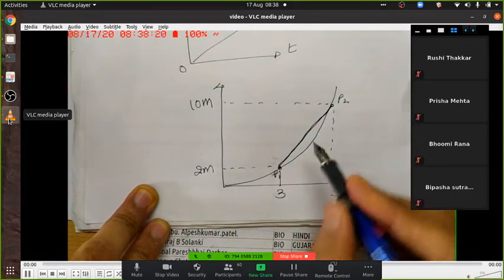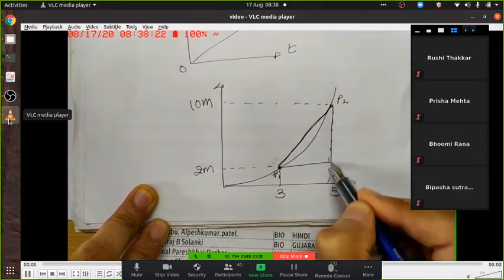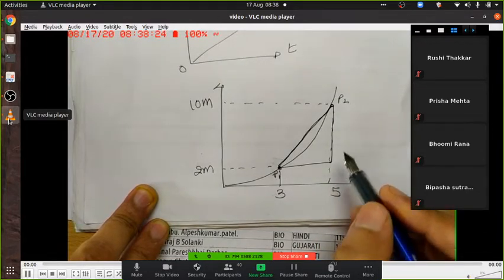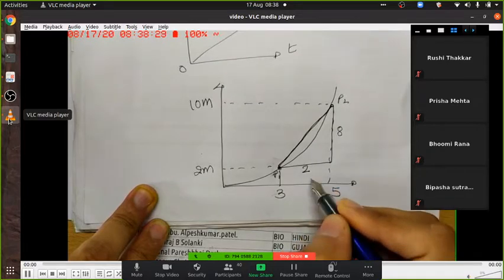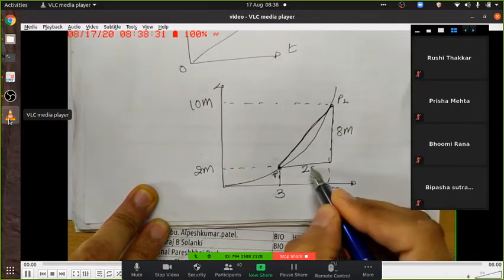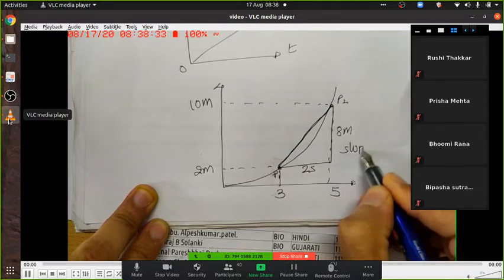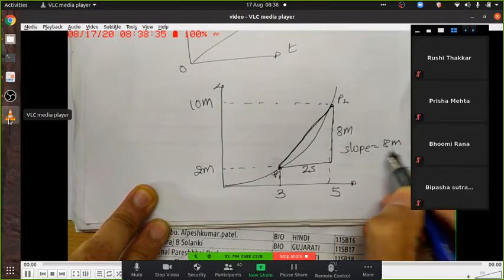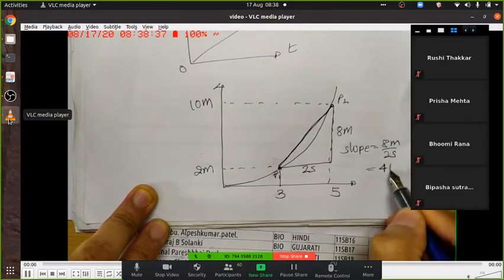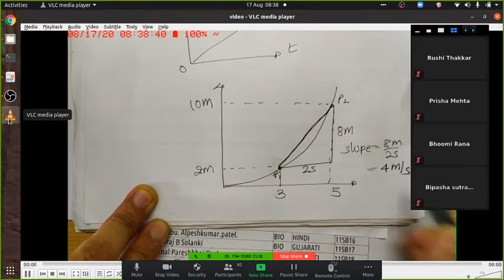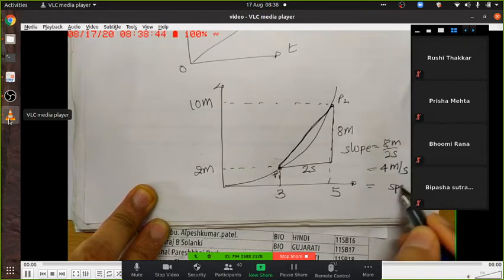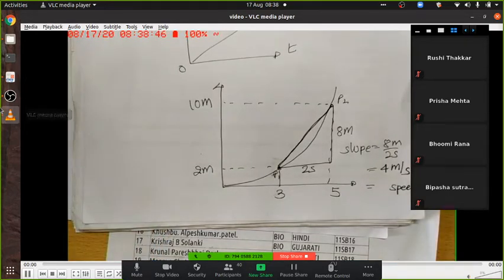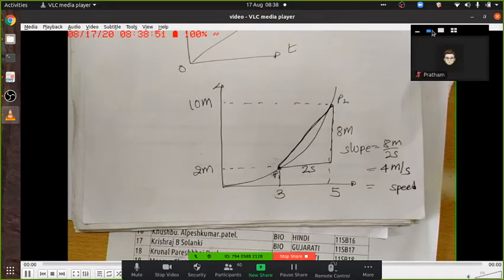Slope is the ratio of heights. So this is going to be 8 and this is going to be 2. This is 8 meter and this is 2 second. So slope equal to 8 meter by 2 second. So this will give me 4 meter per second. Now this is speed, but is it average or instantaneous? Instantaneous. Okay, instantaneous. Okay, fine.